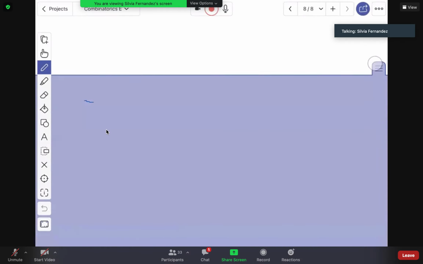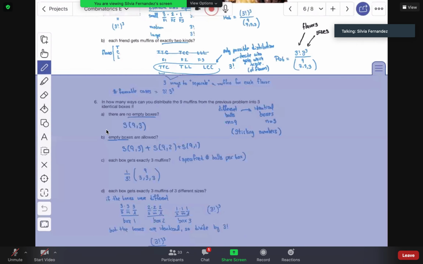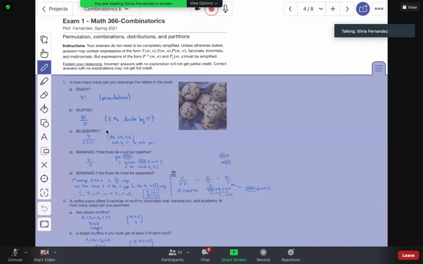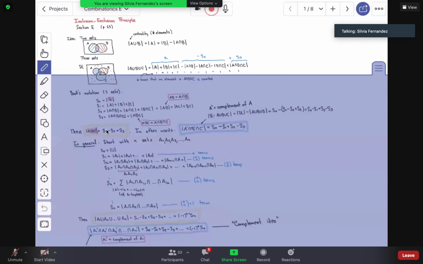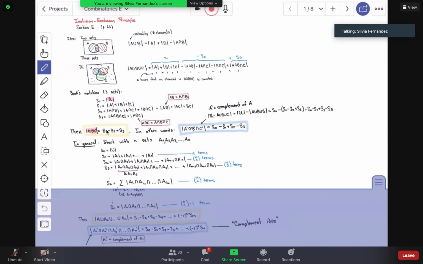So we were doing inclusion and exclusion. We went over one of the solutions today. Use inclusion and exclusion. I won't write the formula again, but this is what we were doing before.